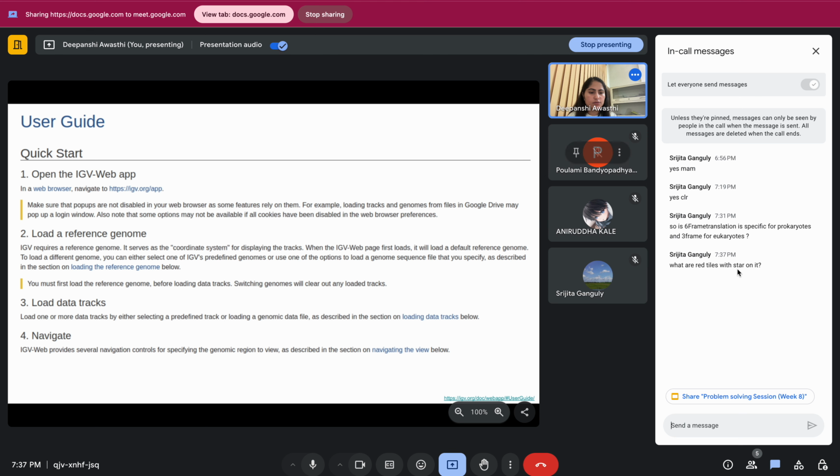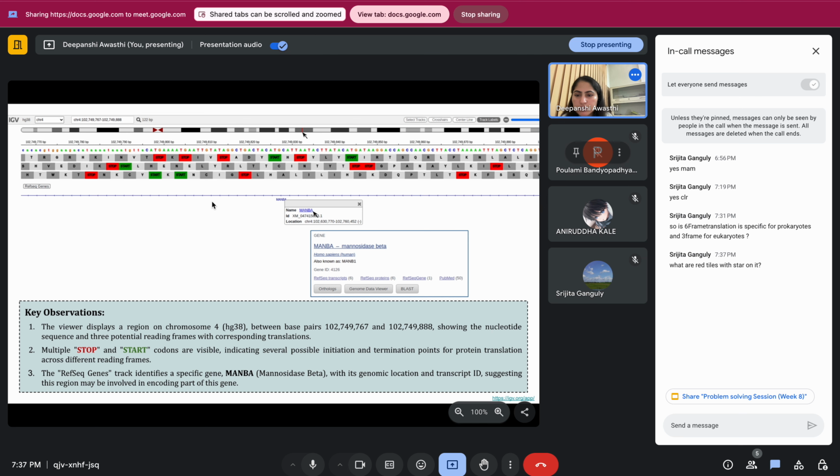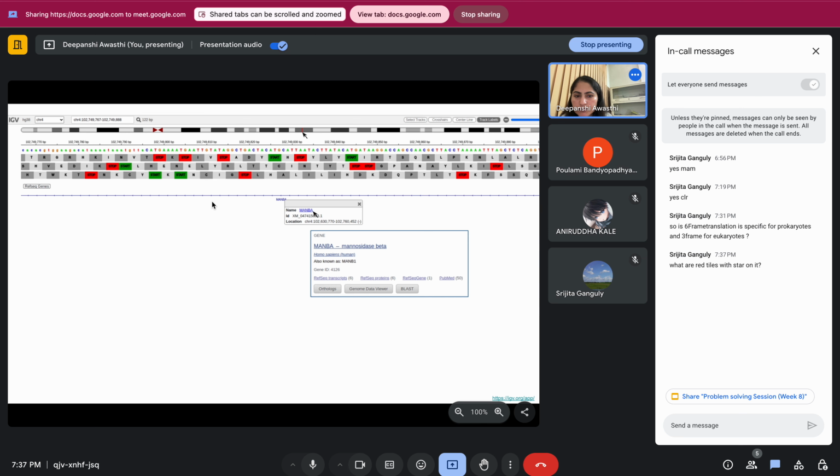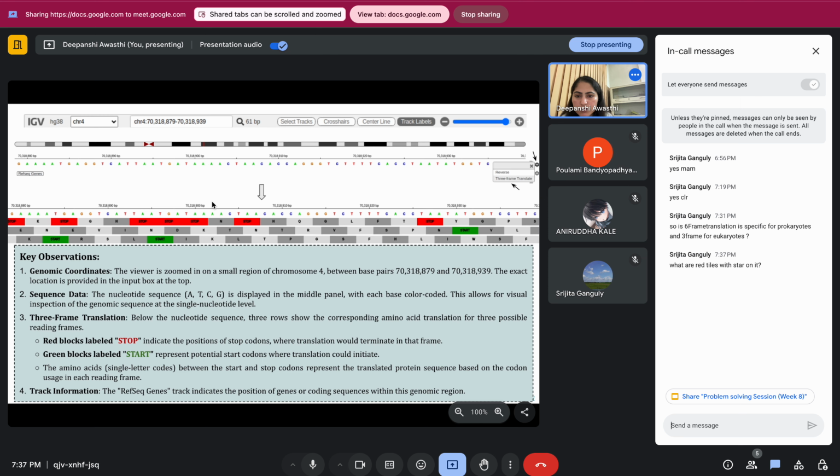What are the red tiles with a star on it? Let me check. Where was the star in the red tile? I haven't come across this information, that there is some star.